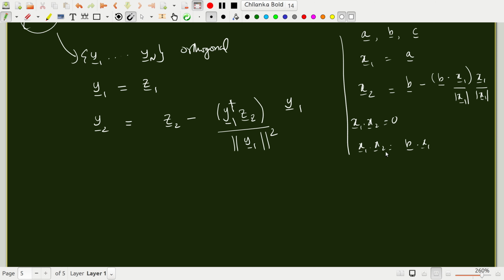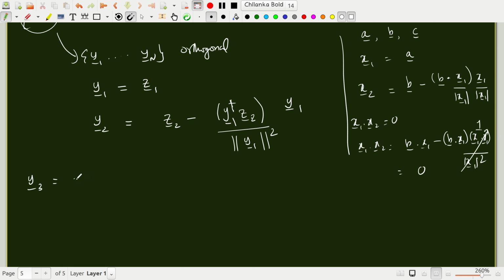So x1 dot x2 is b dot x1 minus b dot x1, and then x1 dot x1 divided by x1 squared, but x1 dot x1 is x1 squared, so this will be unity, and so this is 0. This is the same thing that's happening here. Instead of dot products, I'm using the inner product notation.